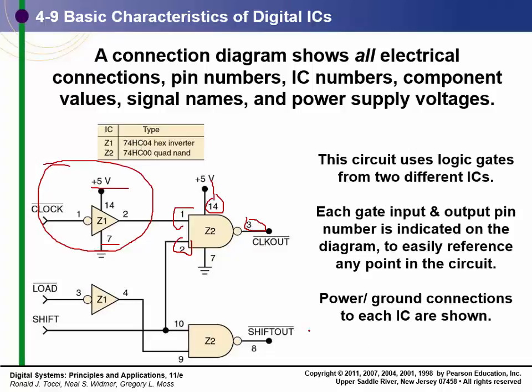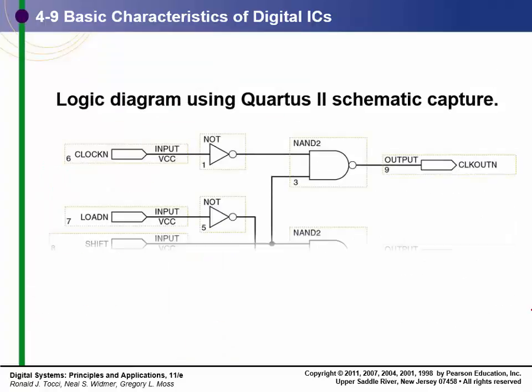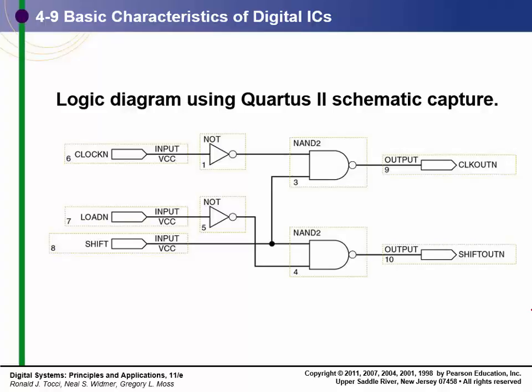But we don't want to draw that everywhere we put that. Now, we're going to be using the Cordis capture, and that's a little bit different. Here we've got our clock in, load in, shift, our inverters. We don't bother showing VCC and ground on this particular chip because they're all internal to the IC. And that's the package we have there.